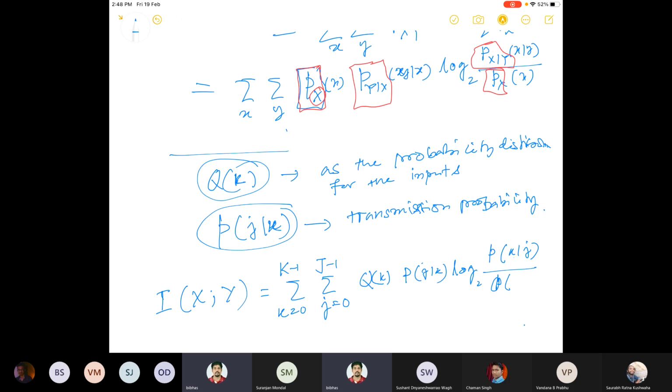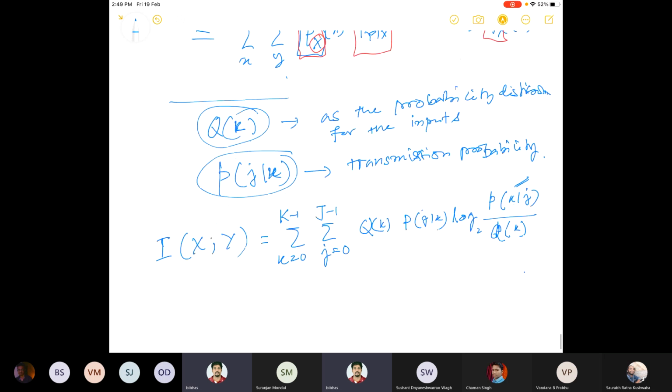Here it will be q k. If you write like that, then what is happening? Okay, but we don't want to do that, because the transmission probabilities are defined in terms of p(j given k), right? So how do I change this? Before I do that, let us recall one thing.